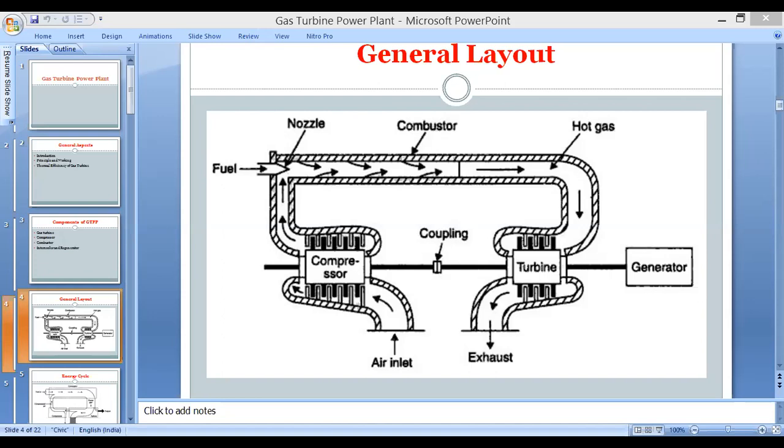Then high pressure, high temperature combustion products go to the turbine, and the turbine again produces work, and in the turbine a large part of the energy is used to again run the compressor, and a small part is used to generate the electricity. This means as long as your turbine is running, the cycle goes on to run the compressor.